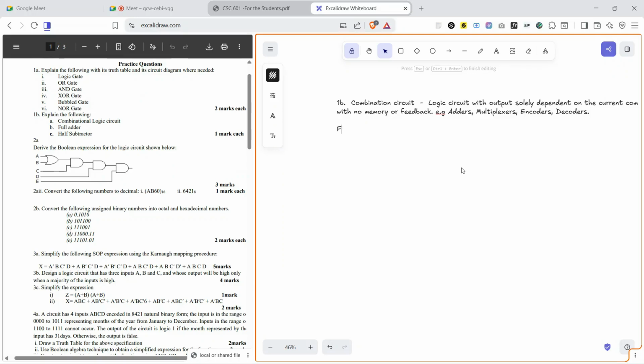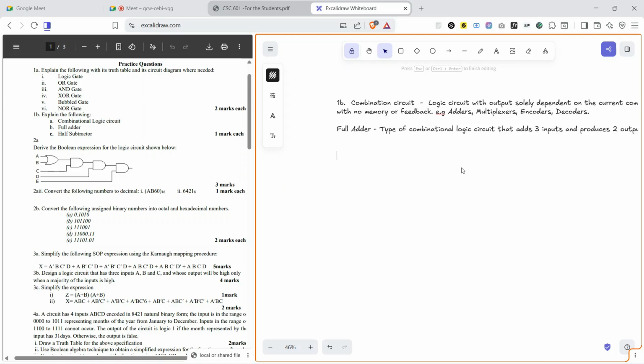So a full adder is a type of combinational logic circuit that has three inputs and produces two outputs.